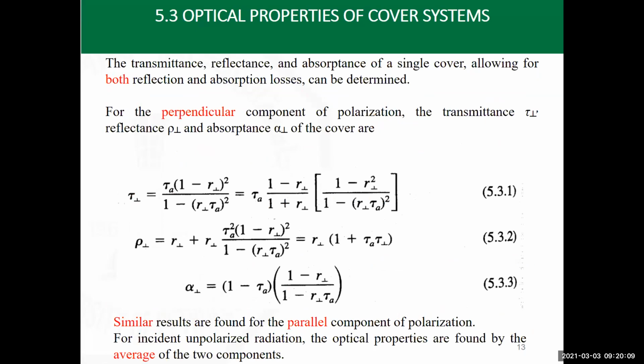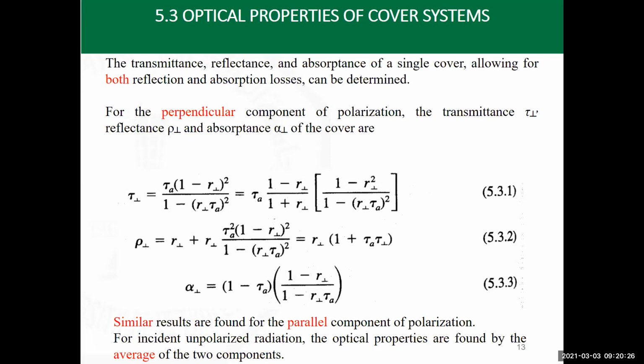We're talking about the optical properties of glazing. Glass basically is the most commonly used one. And the properties that we are looking at are, as usual, transmittance, reflectance, and absorptance.